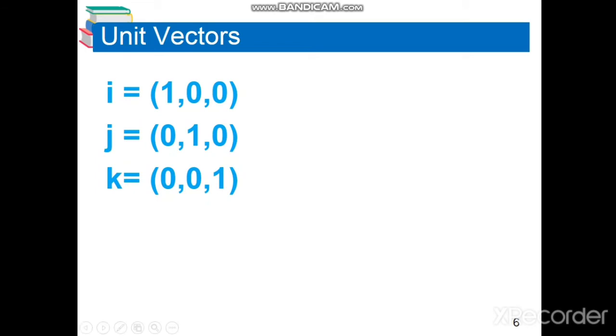Unit vectors i, j, and k in numerical form can be written as i is equal to 1, 0, 0. It means that x component is 1, y and z components are 0 for i. So i is along x-axis, so its y and z components will be 0 and its x component will be equal to 1.